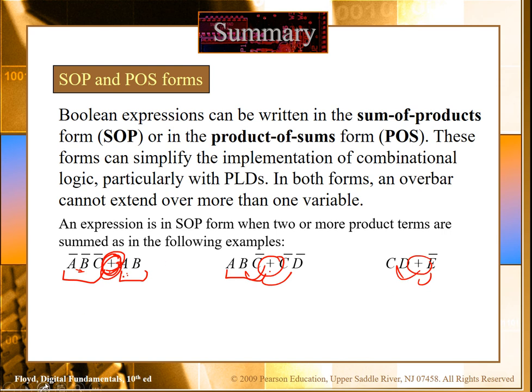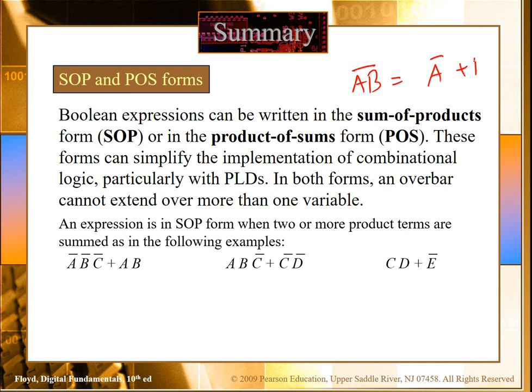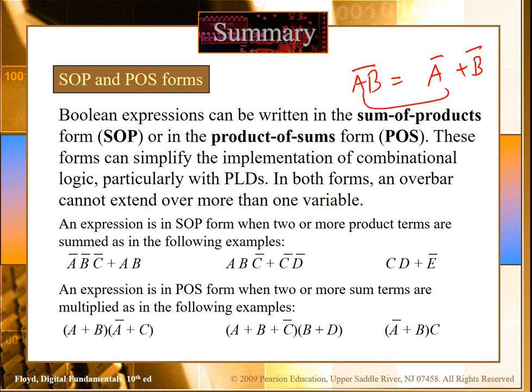We can convert the sum of product form to the product of sum by using De Morgan's rules. We know that if you have a product and you take the complement, we can convert that to a sum, and similarly vice versa. The other form is called product of sum.